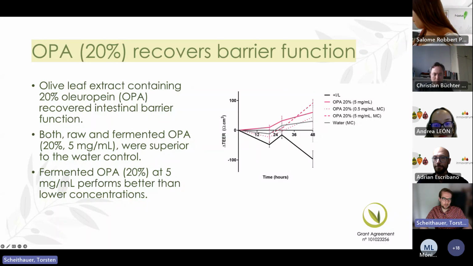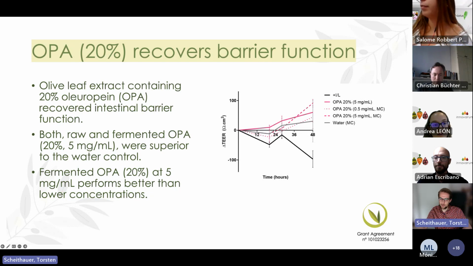This slide shows you the results for the OPA20, where I showed you already some metabolites. We used the unfermented one, which is the pink continuous line, at 5 milligrams per milliliter. Compare it to the black line, which is the lowest one, the interferon gamma LPS incubated.